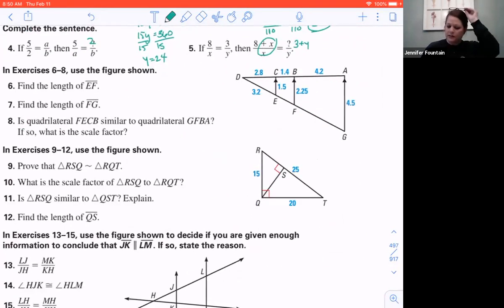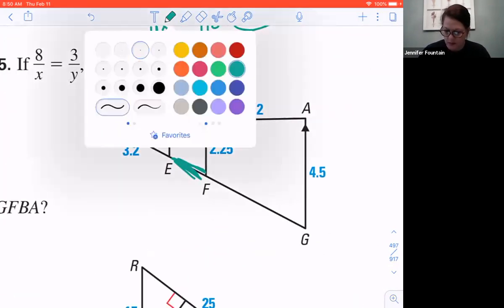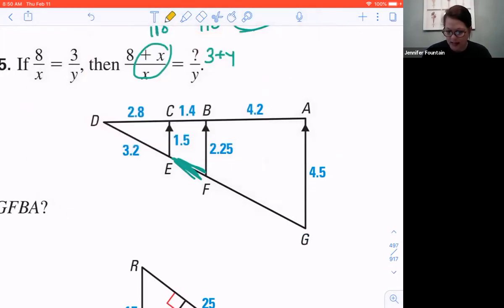All right, so this one now says find the length of EF. We've got our figure here, okay? So when I'm looking at my figure, EF is going to be right here. So remember how we talked about when I've got my parallel lines intersecting, I know my segments are proportional, so this over this is going to be proportional to this over this, okay?